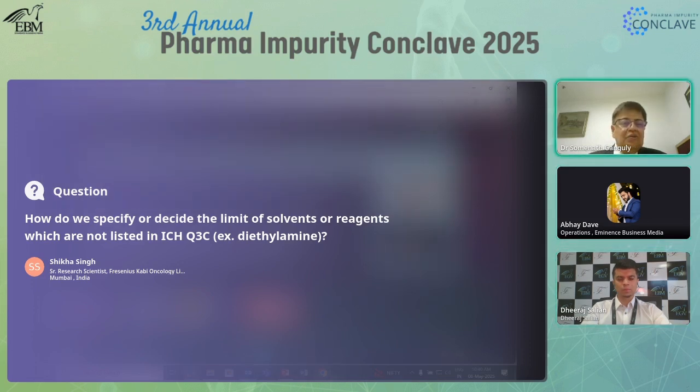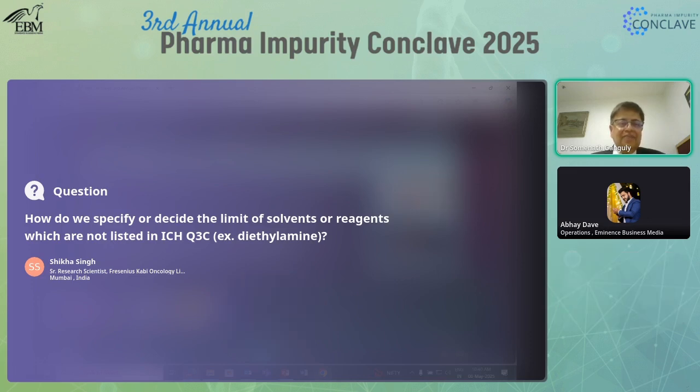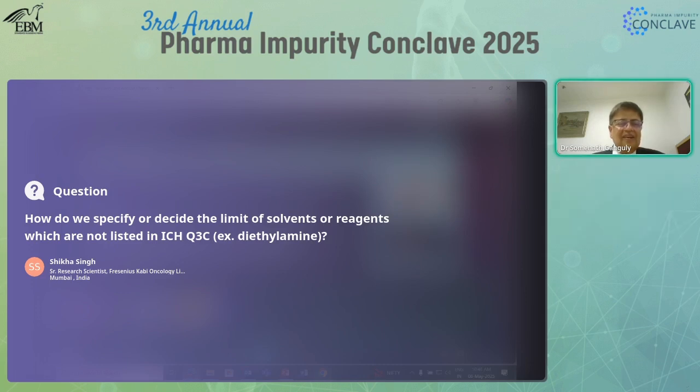How do we specify or decide the limit of solvent and reagent which are not listed in ICH Q3C? This is particularly for solvents and reagents which are not listed in ICH. This is based on data, and here also we are taking some toxicity data, not generating it, from different literatures.